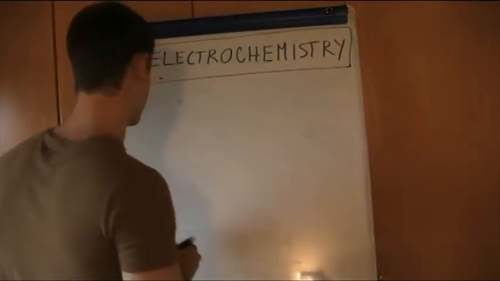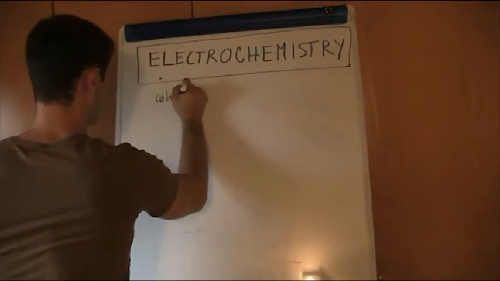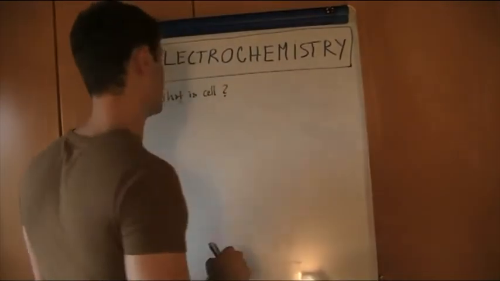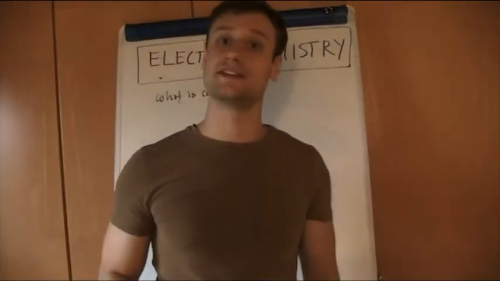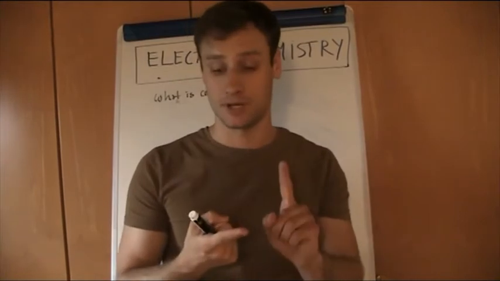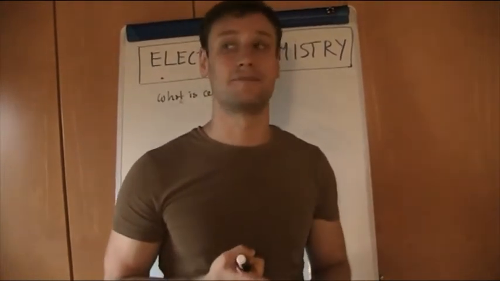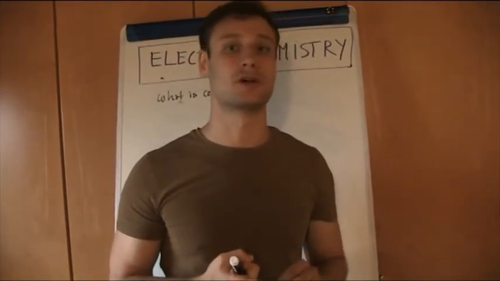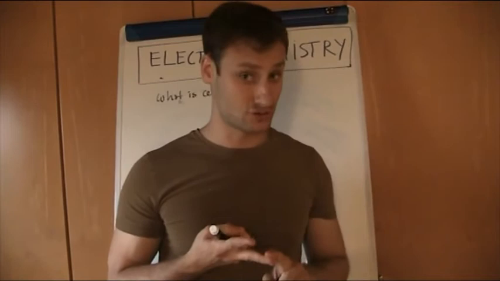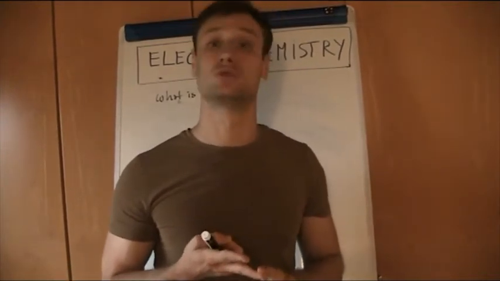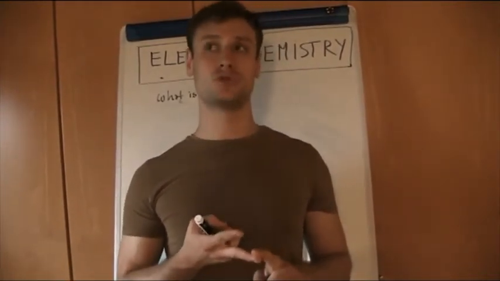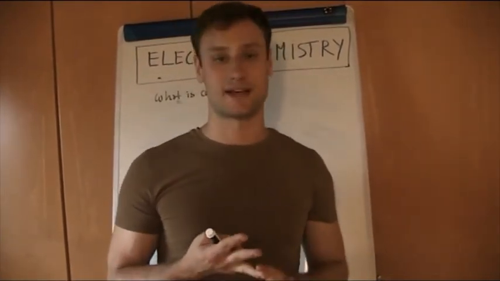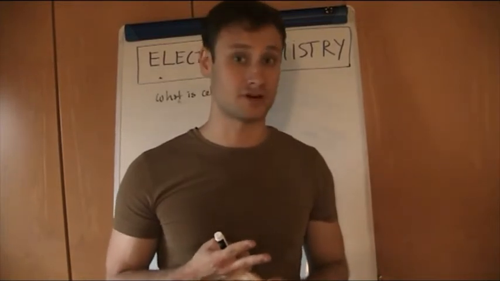So, what is a cell? And what are the components of a cell? A cell is composed of electrodes, which are basically the place where the reaction actually occurs, the electrolyte, necessary in order to close the circuit due to a movement of charge, and then an external circuit.